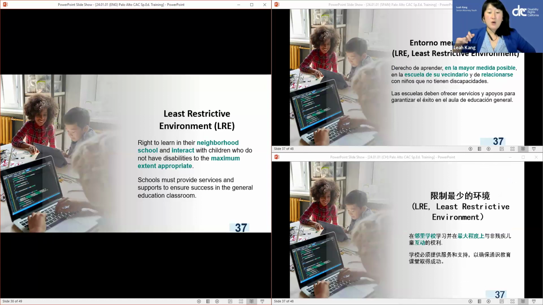So yes, we might put this student in a special day class just with other students with disabilities. But if we could keep that student mostly in general education, but provide push-in services or accommodations or tutoring or whatever it is to really support that student in a general education setting, the law says that's what we should be doing.